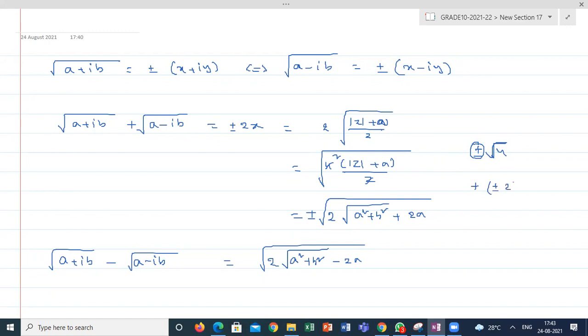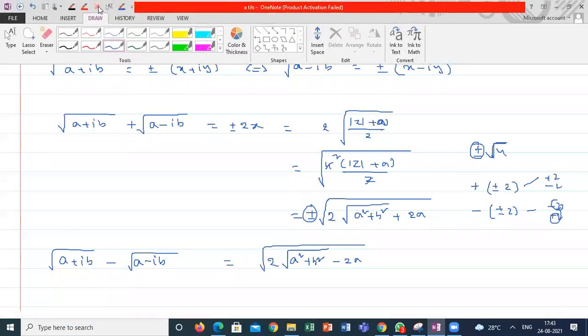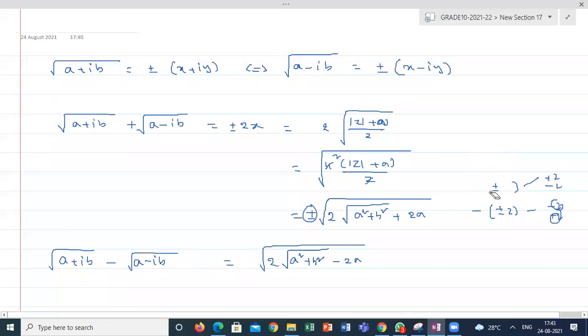Okay, sir. Understood, sir. Here possible answers are plus 2, minus 2. Here possible answers are minus 2, plus 2. Both will give the same set of answers. It's the reason you no need to mention this plus or minus once you substitute the value of x here. Got it? Yes, sir.